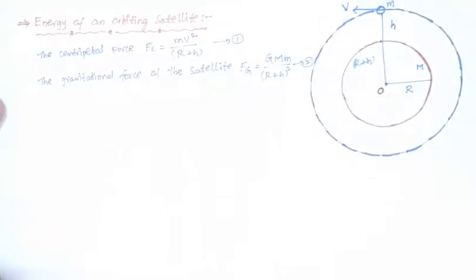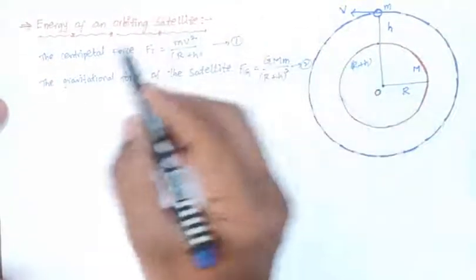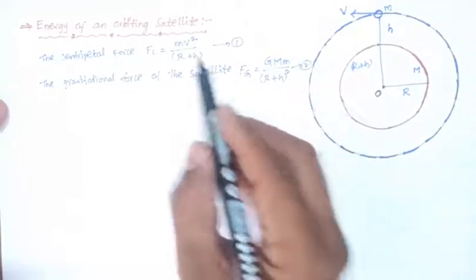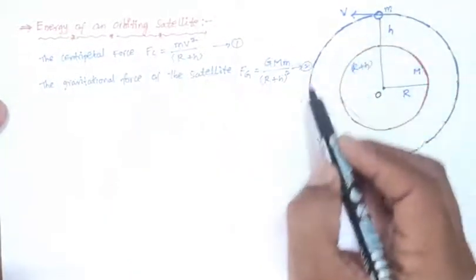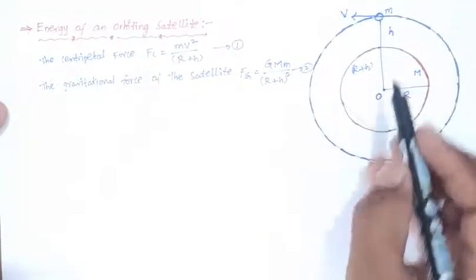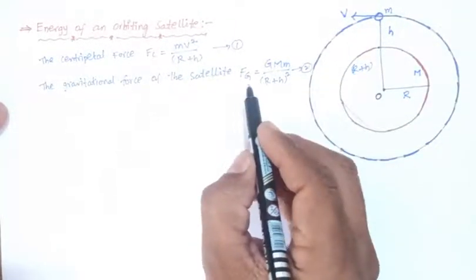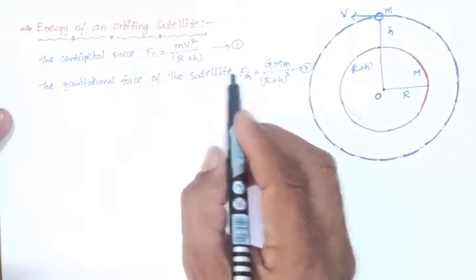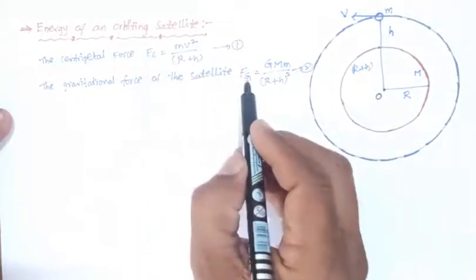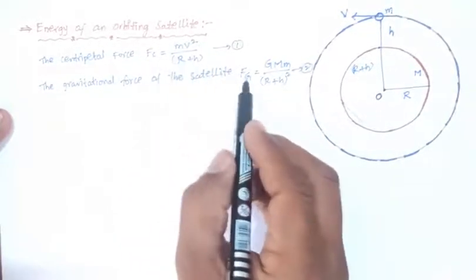The centripetal force required to revolve around the Earth for a satellite is provided by the gravitational force. So the gravitational force and centripetal force are equal.